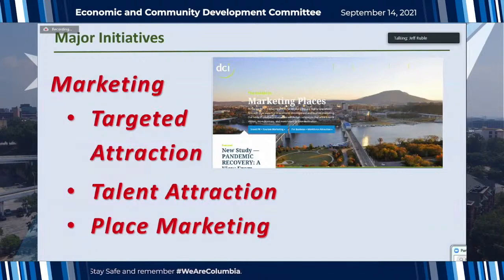What we're doing is we're identifying the most highly sought jobs here in the town, what employers are looking for. And we're going out and using the term, I think Ryan mentioned, geofencing. We're going out and looking at markets where there's a preponderance of those types of skill sets. And we're trying to recruit those people to Columbia.